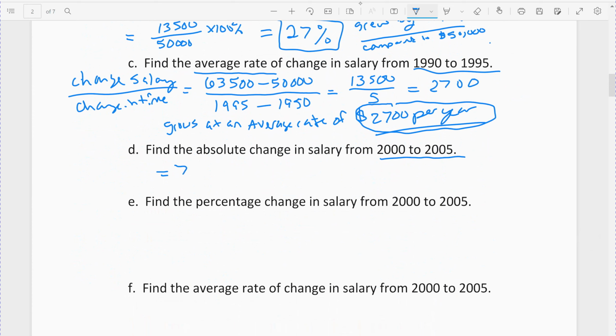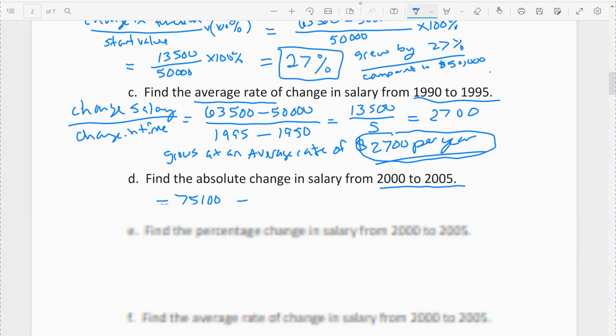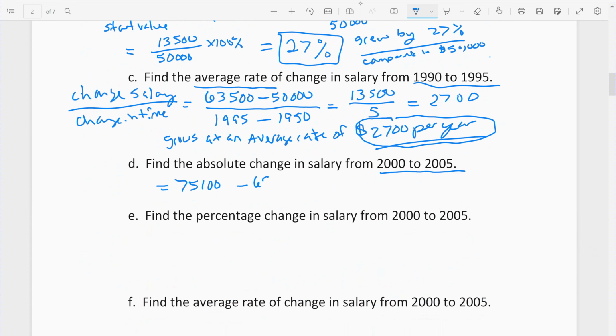So when we find the absolute change, you take the future value, 75,100, and subtract the 65,900. And so that comes out to be 9,200 is the increase over those 5 years.